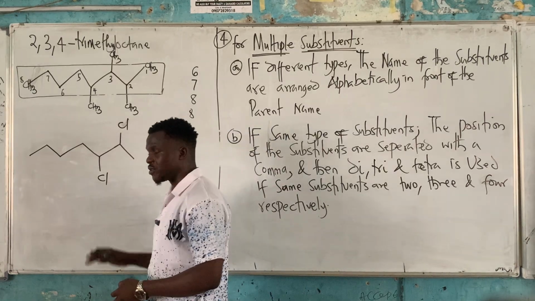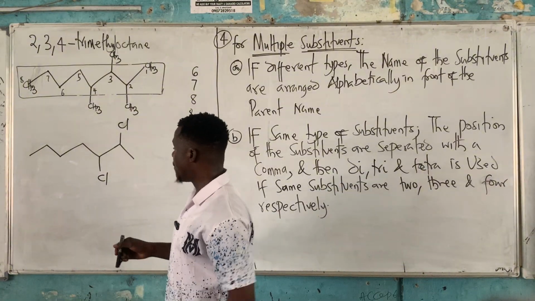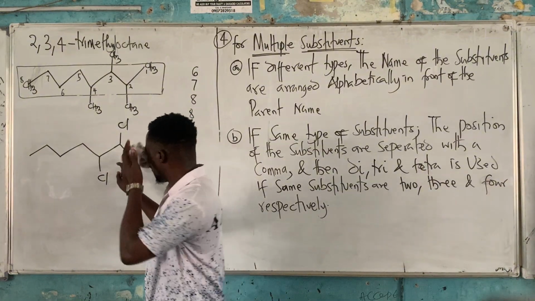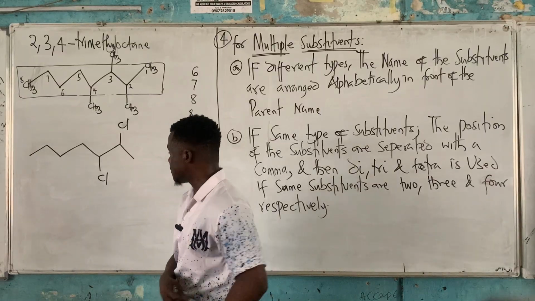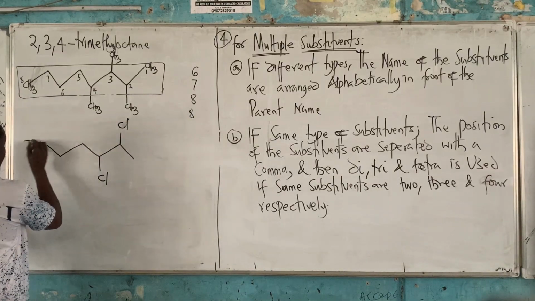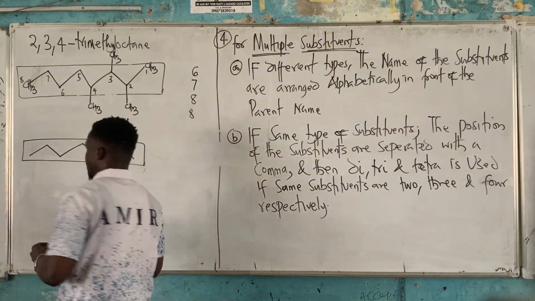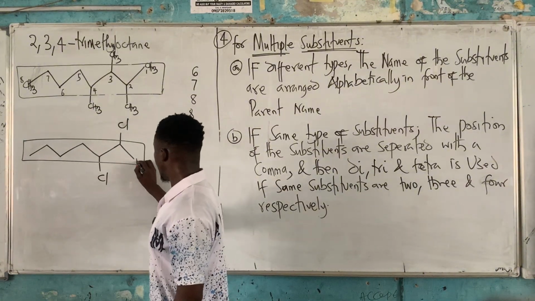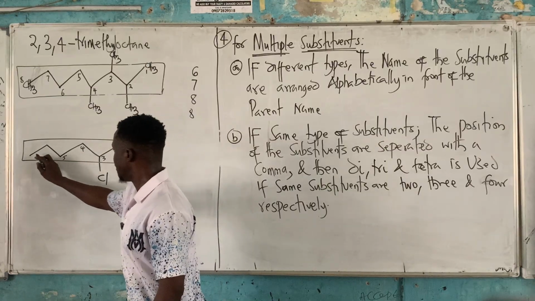Now let's look at it. Please hold on before you start writing. Hold on. So now look at this. The parent chain is obviously 1, 2, 3, 4, 5, 6, 7. Is it not so? So this is the parent chain. 1, 2, 3, 4, 5.